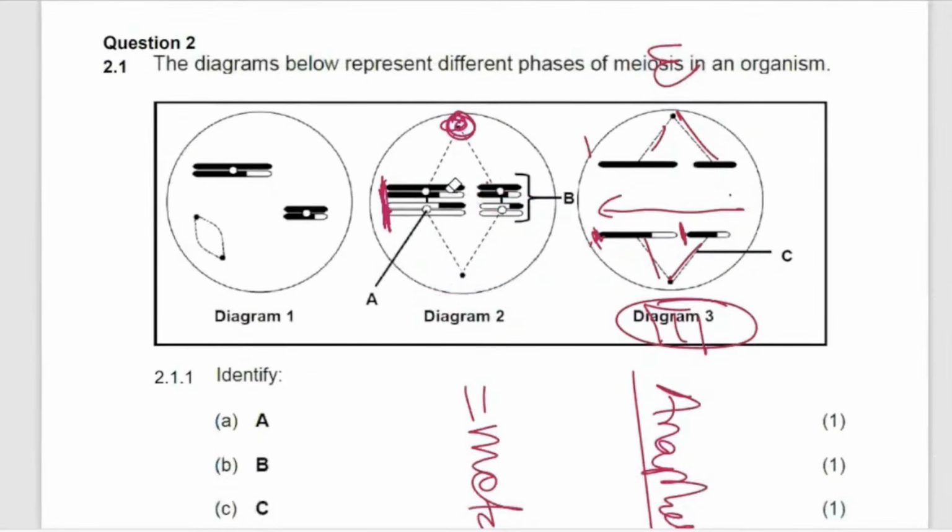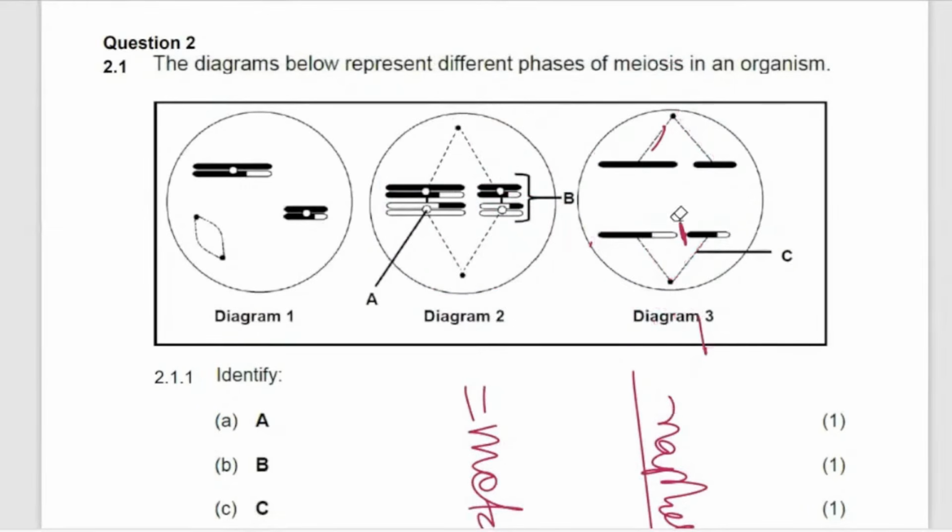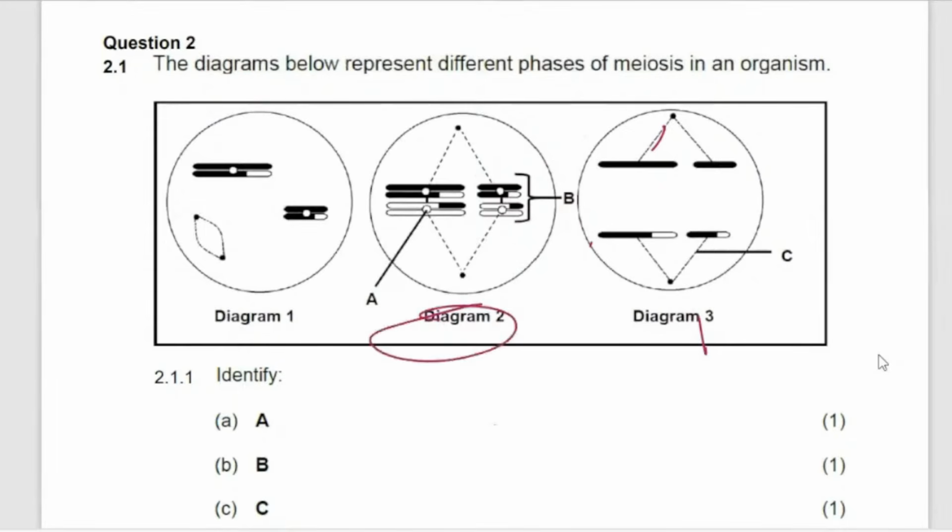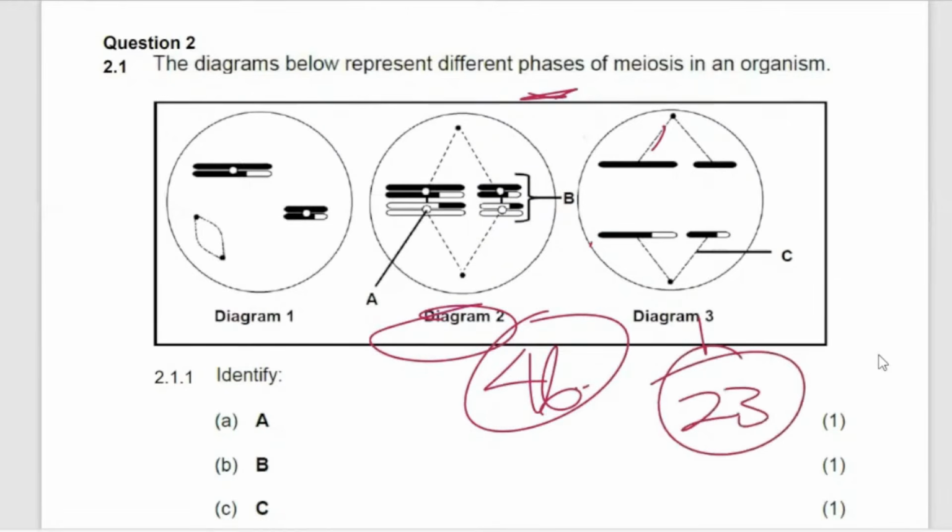The second thing which you need to know is the number of chromosomes. How many chromosomes are found in diagram 1? You will find someone saying 46. Did they say this is a human cell? No. If they don't talk about a human cell, don't say 46 or 23. How many do you see? 1, 2, 3, 4.